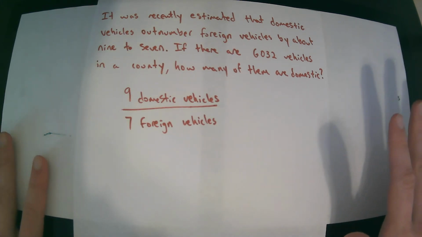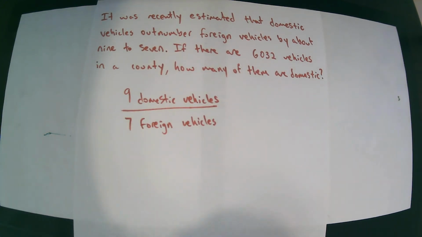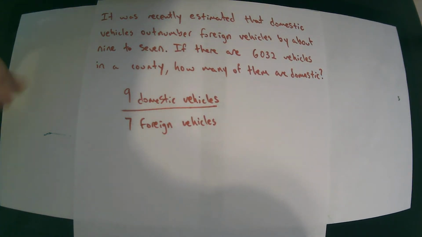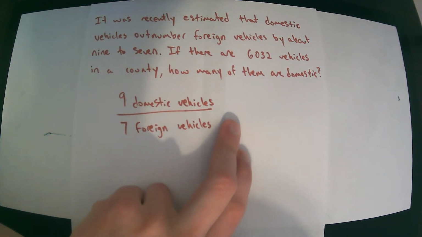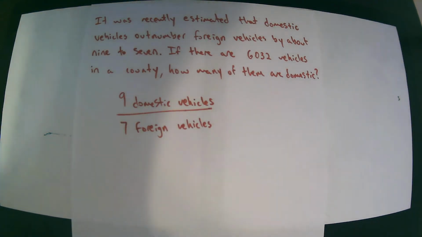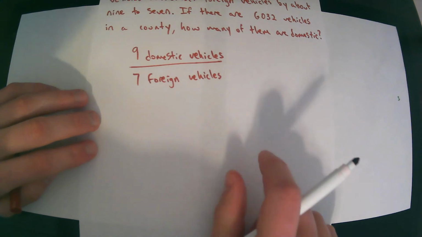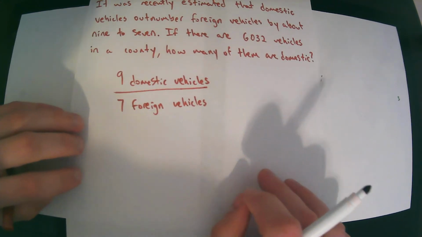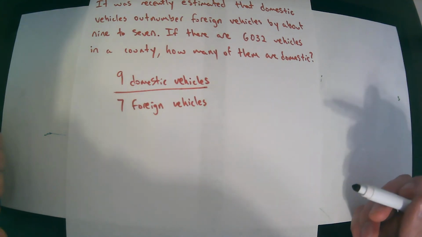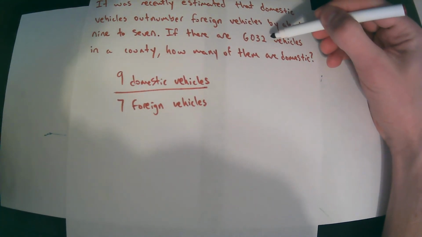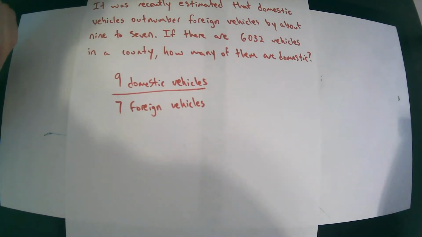We want to know how many are domestic, and we have this total here. We don't have the total domestic, so we can't directly set up a proportion yet. So what we've got to do is be a little sneaky here, and come up with a new ratio that does involve total vehicles. Now obviously this involves total, but we need this ratio to somehow give us something to do with total vehicles.